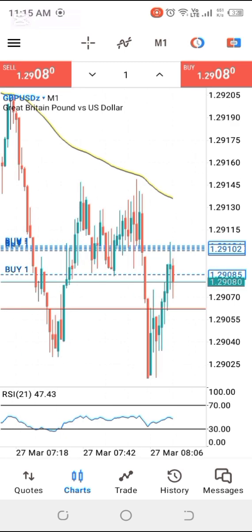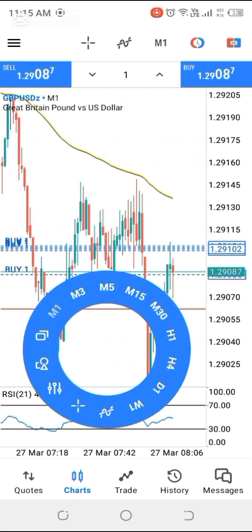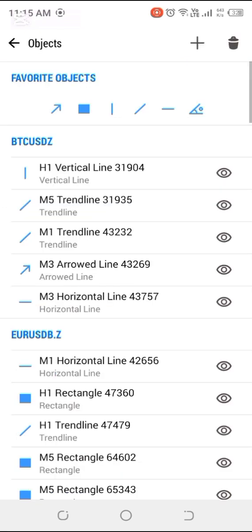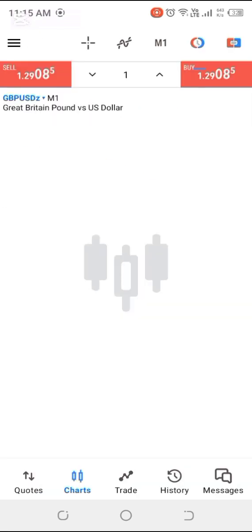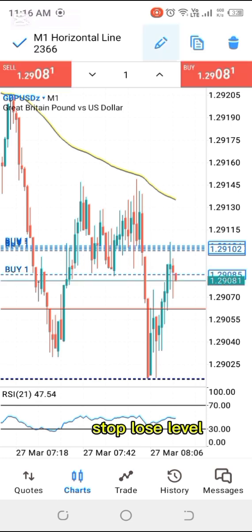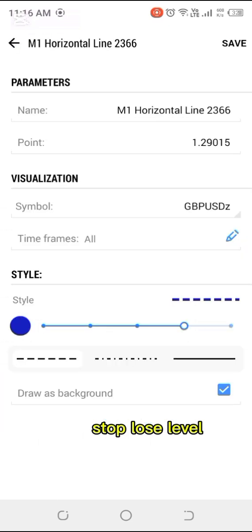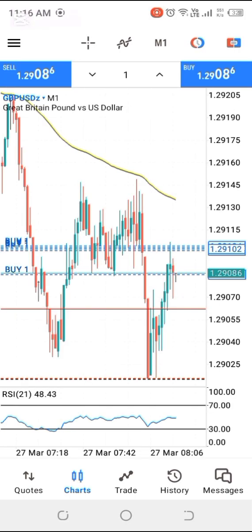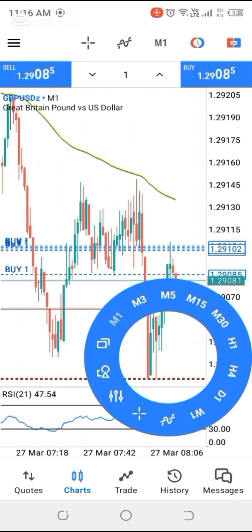I usually trade the London session and the New York session only. So during the London session I take GBP pairs, and during the New York session I take the USD pairs. So that is the strategy here. Okay, so I decided to set some stop loss level and TP level.